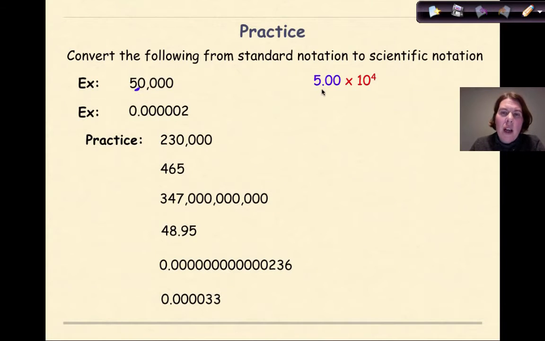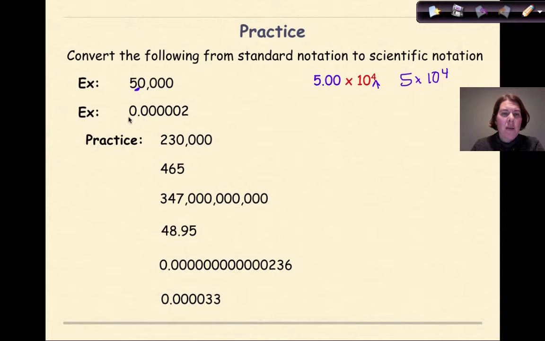So here's our 5. Here's where our decimal point is located. I put 2 zeros afterwards. You don't have to do that. You could just write it as 5 times 10 to the 4th.